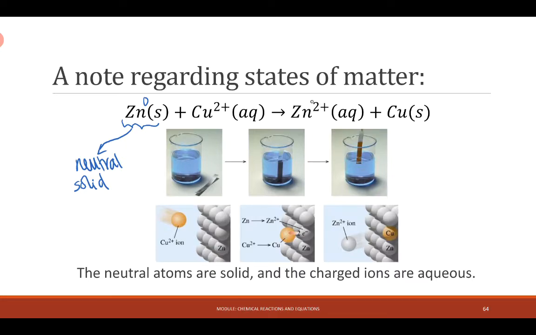Then, once we put our zinc strip into aqueous copper ion solutions, the electrons exchange between the copper and the zinc, and the copper becomes solid. And that plates on here. And so the neutral ones are always solid, and the charged ones are aqueous.